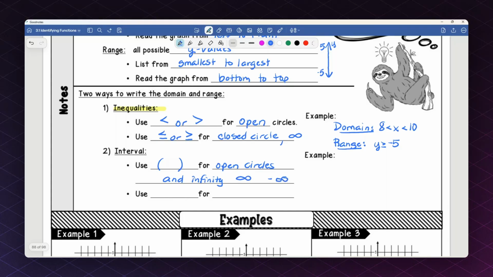My infinity sign's a little special, so if yours looks a little weird too, it's okay. Then if we don't have an open circle, let's say we have a closed circle, we're going to use brackets. So this would be for everything else, like closed circles.